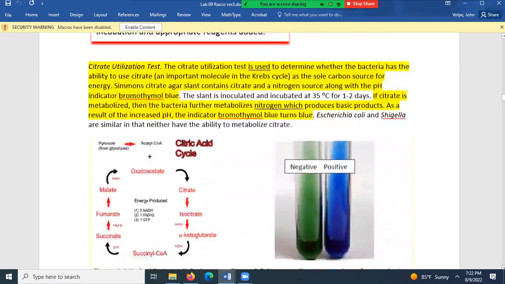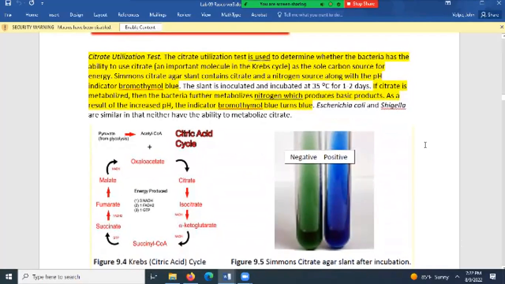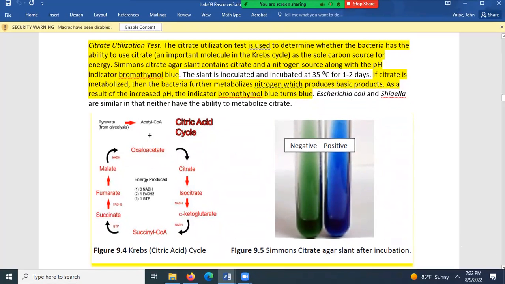Citrate utilization. This test is used to determine whether a bacteria has the ability to use citrate, which is a molecule in the Krebs cycle. In the citrate test, the only carbon source available to be used by your organism is the molecule of citrate.